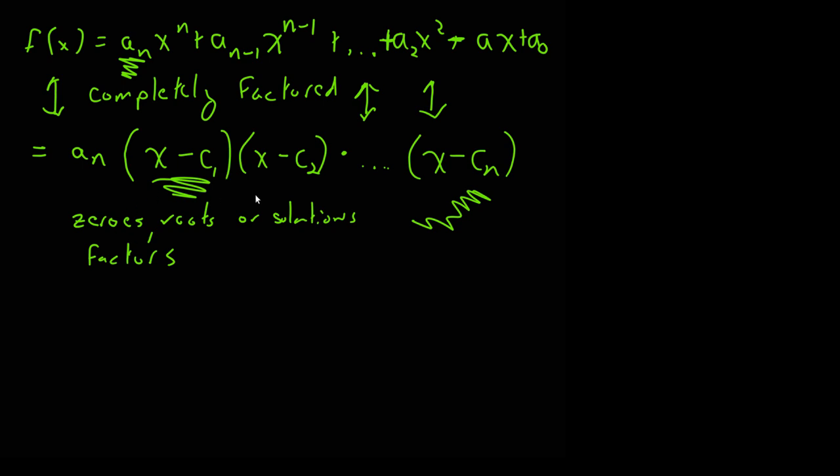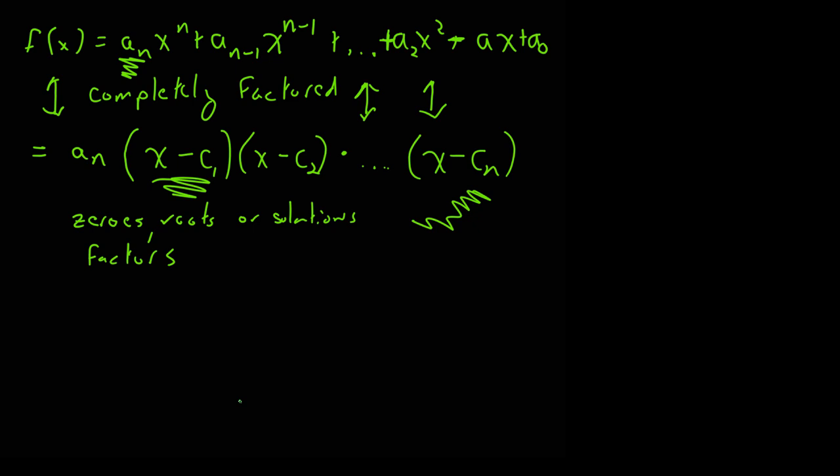The ability to get any or all of these factors can help us find solutions. And so our job is to use different tools to pull apart our polynomials. And the key tools that we're going to have are going to be division and the remainder theorem.